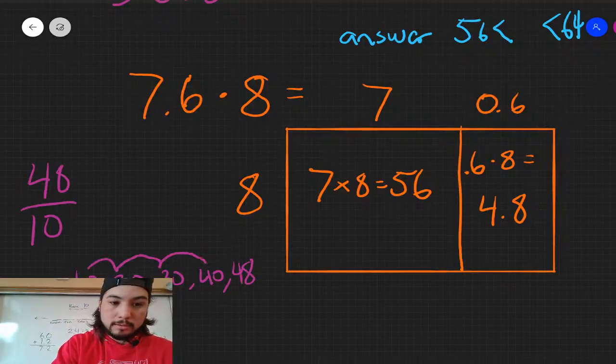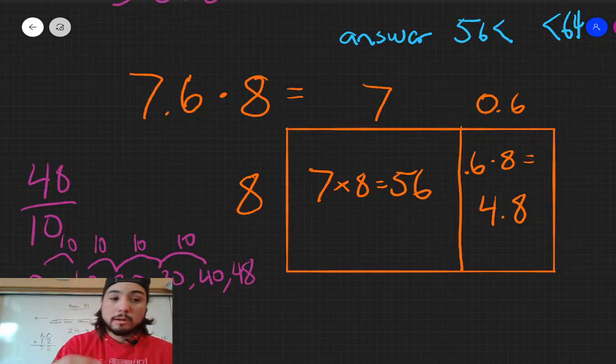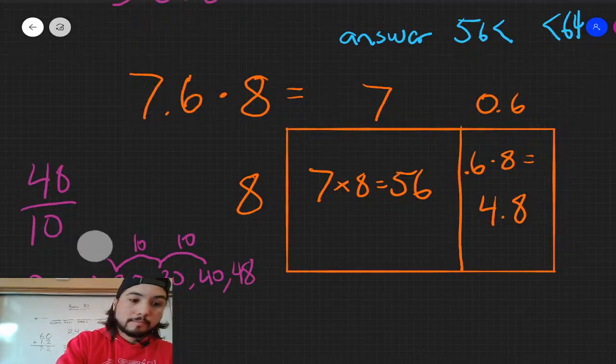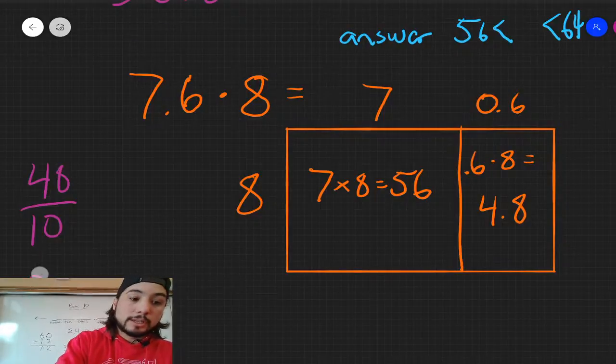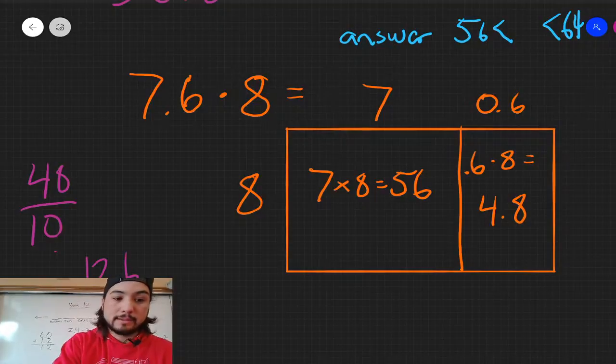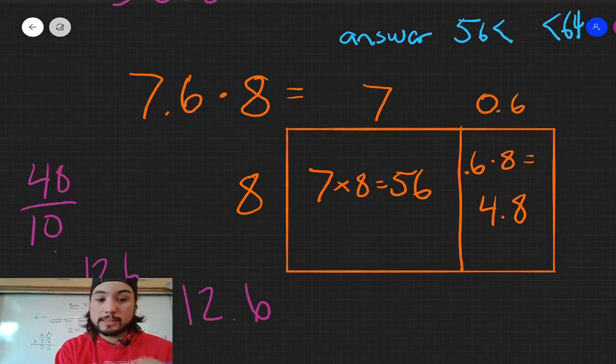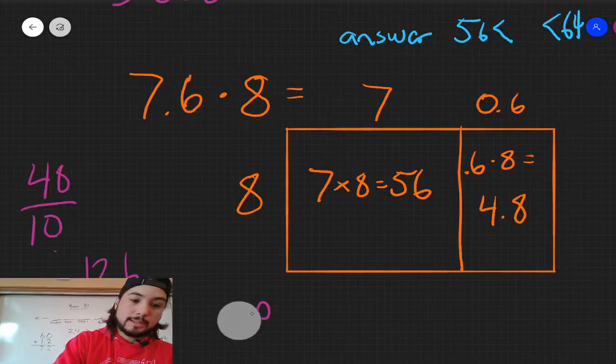So my 4 groups of 10 with 8 left over, or 4 and 8 tenths. Okay, this is a really good skill to practice and get better at. So come to office hour if you want to practice this, of being able to say 126 tenths, right? What does that look like as a decimal? Being able to do it quickly and go, oh, that's that, taking that 126 and ending it in the tenths place.